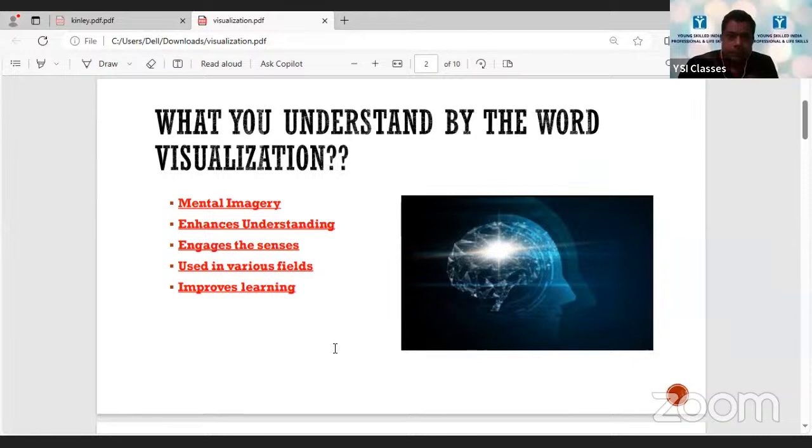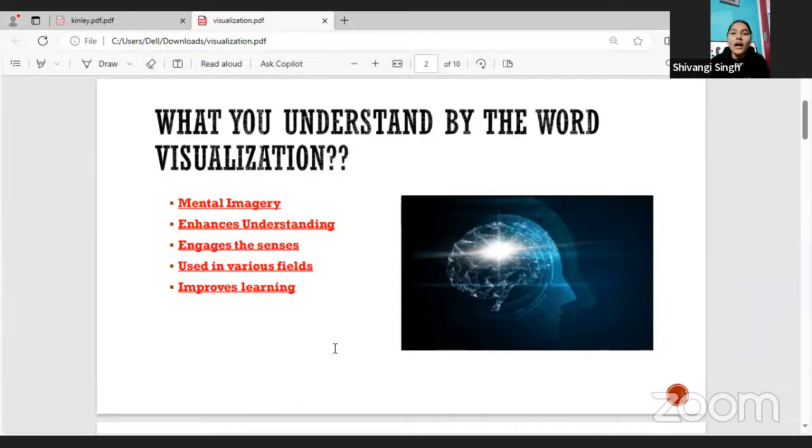It is used in various fields such as academics, sports, business. It engages all our senses and emotions to make the experience more impactful. While using visualization techniques, it makes learning more enjoyable and helps to convert complex information into something easy to understand. So next slide.